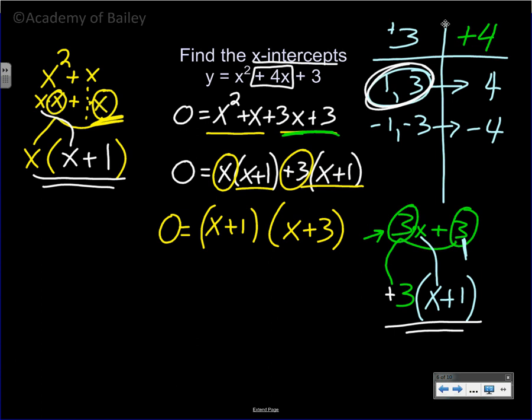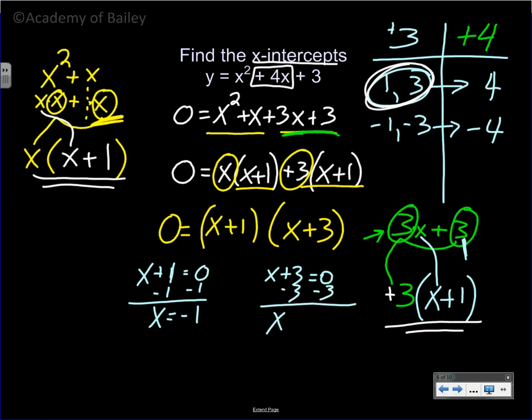And we need to find the x-intercept, so we will say x plus 1 is equal to 0, and x plus 3 is equal to 0. Minus 1 from both sides. x will equal negative 1. Minus 3 from both sides. x will equal negative 3.